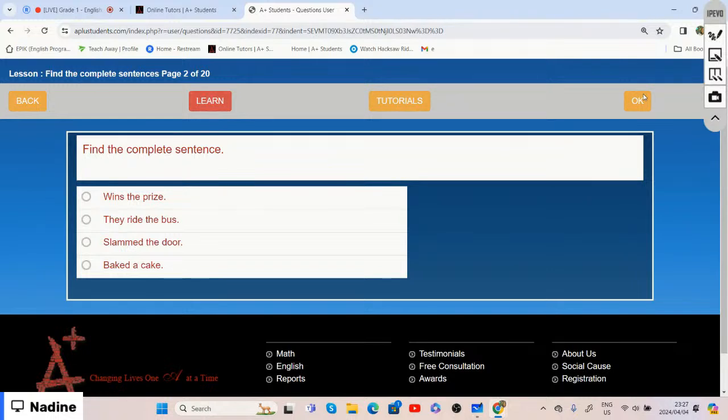So when we find the complete sentence, we say that it must have both a naming part and an action part, right? It says wins the prize, they ride the bus, slammed the door, baked a cake. So now we need to choose the sentence. We need to find the complete sentence.